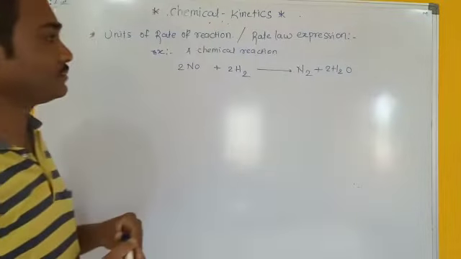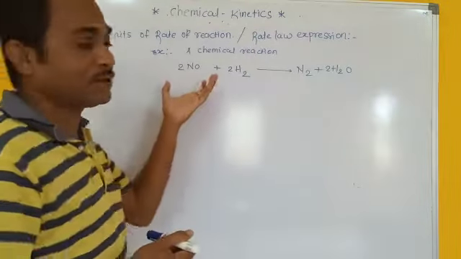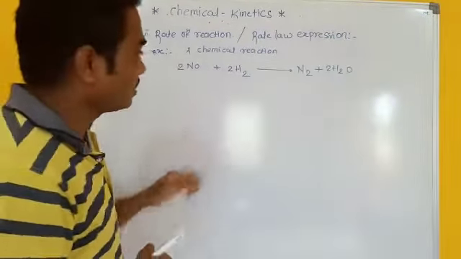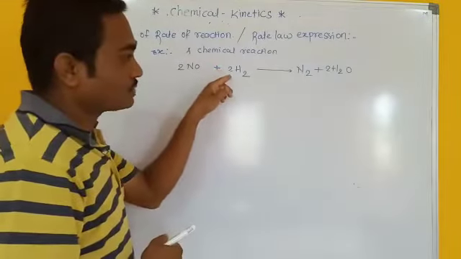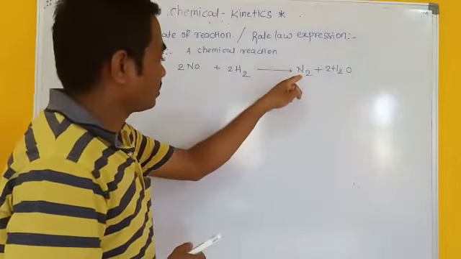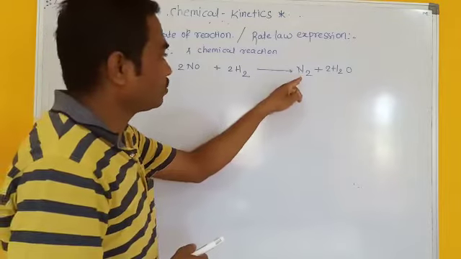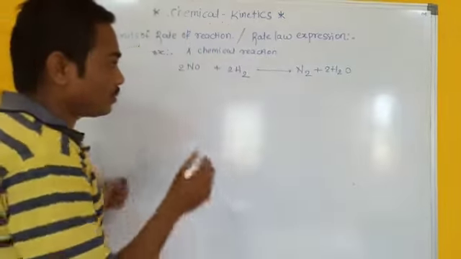From the above reaction, it appears like a one step reaction. 2NO plus 2H2 changes to N2 plus 2H2O.